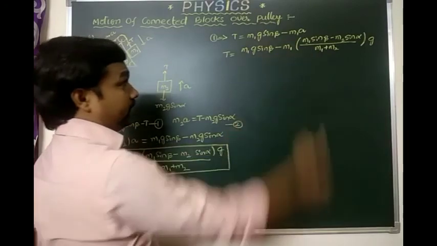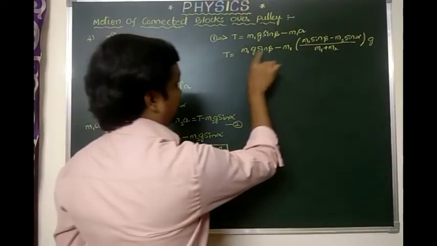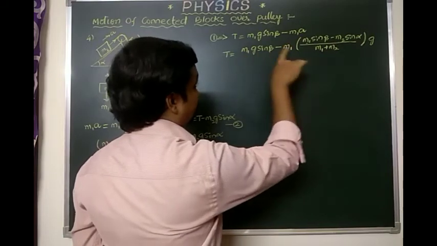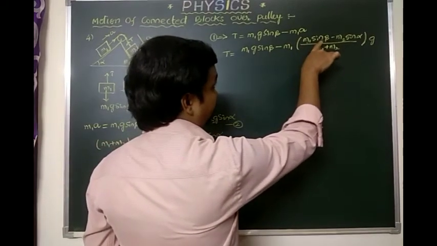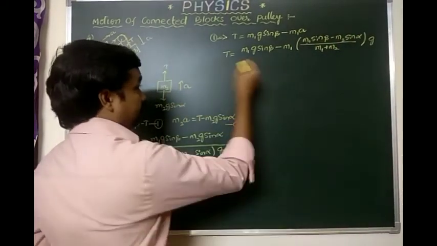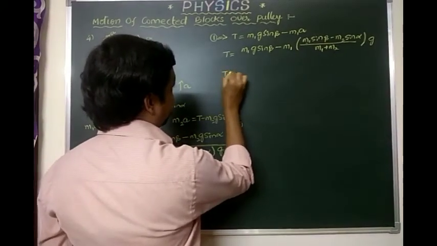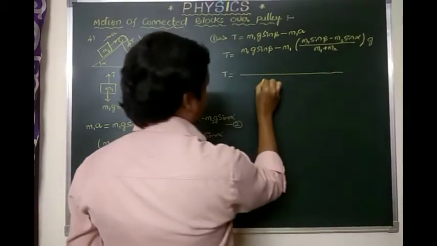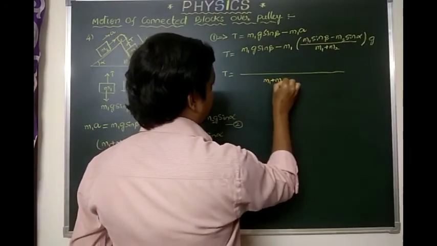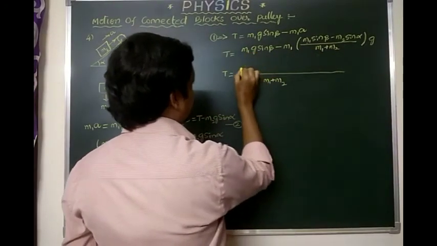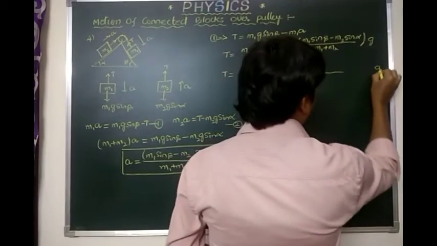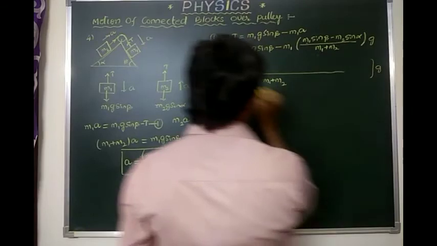Okay, g getting common, m1 sine beta, and here m1 will be multiplied, minus m1 square sine beta gets cancelled. Okay, we can substitute, we can multiply an LCM. Total LCM is m1 plus m2, multiplying this, g getting outside, we are keeping it out.